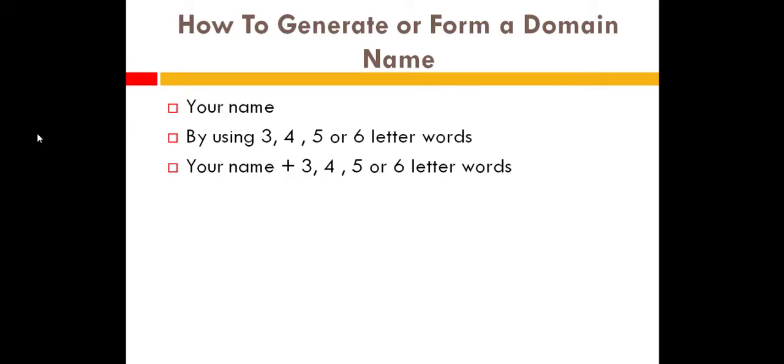You can use it to coin or form a domain name. Another way to generate a domain name is by using 3 to 4 or 6 letter words plus a prefix or suffix.